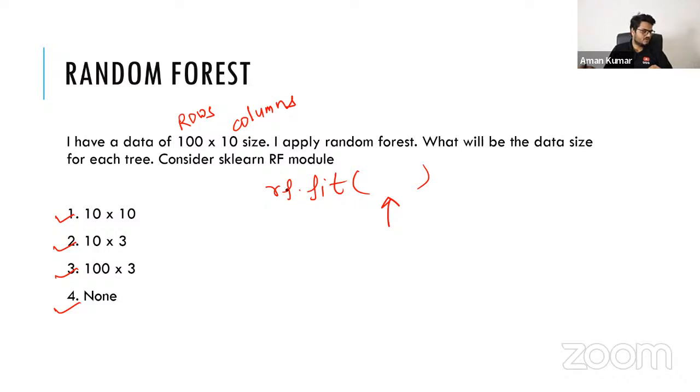Someone is saying 10 into 3. So you think that random forest will take all the features by default in all its trees?